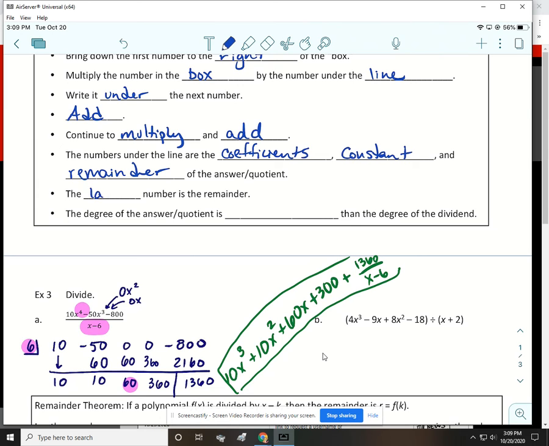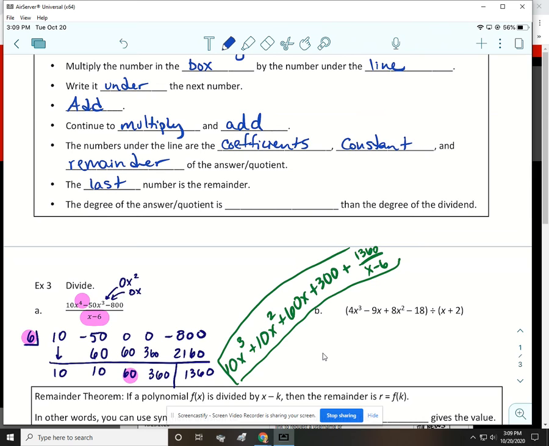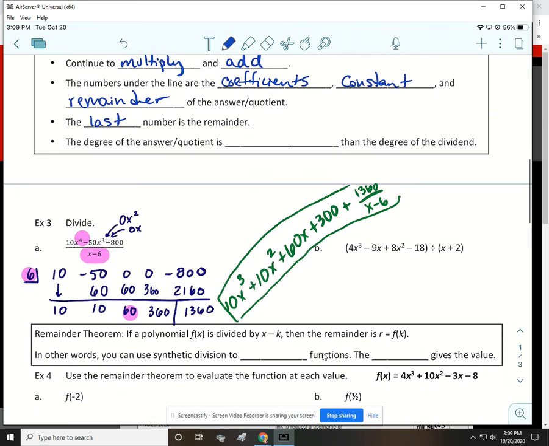The last number is always the remainder. That's why I put a little bar to separate it. And the degree of the answer, or the quotient, is 1 less than the degree of the dividend.